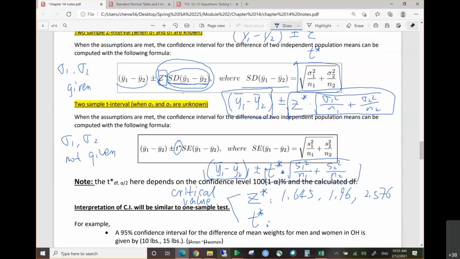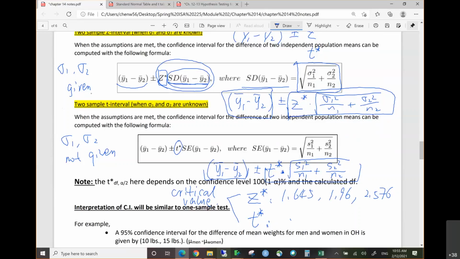All right. Next, about the t star. How to find the t star? What information do we need? Olivia, how can we find the t star? Is the t star found from the degree of freedom?